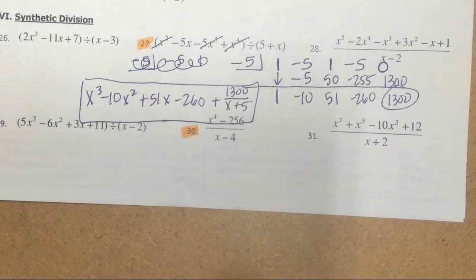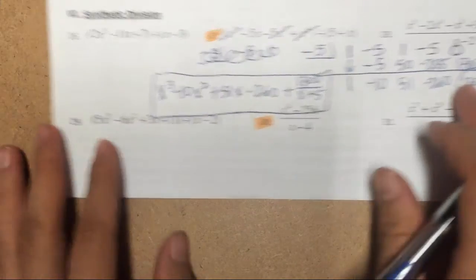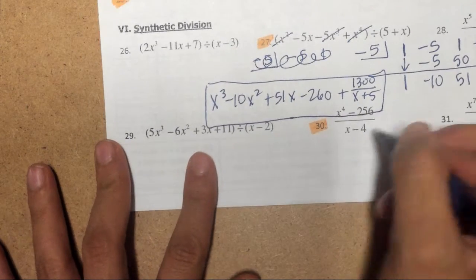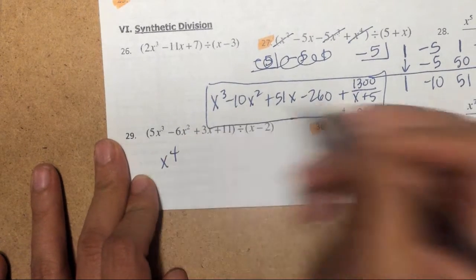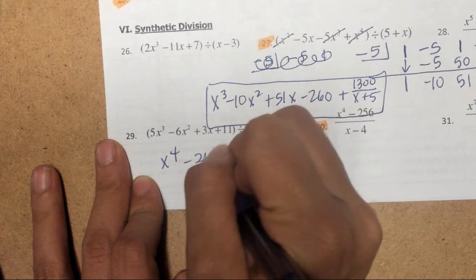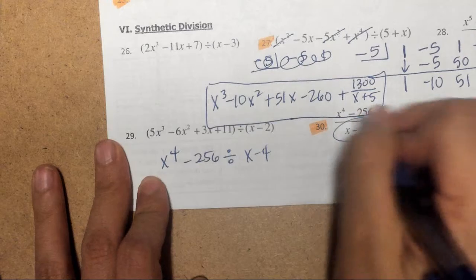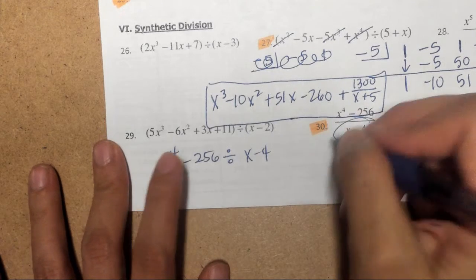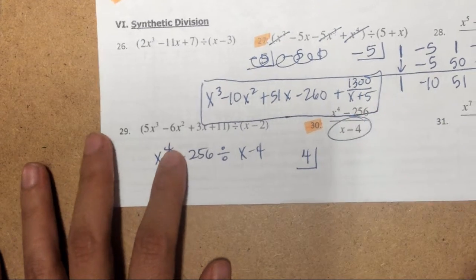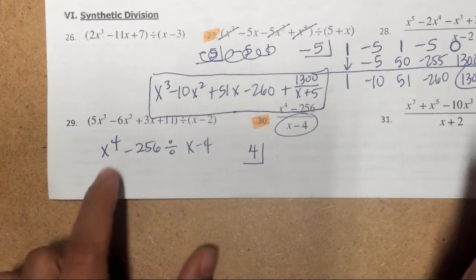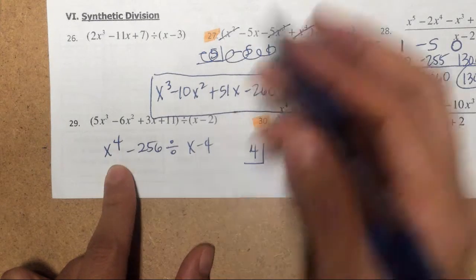Alright, so let's go ahead and do number 30. So I have x to the 4th, right, minus 256 divided by x minus 4. Look here, what would make that 0? +4. So then I'm going to do synthetic. So you have x to the 4th, that's your biggest, so that's 1.